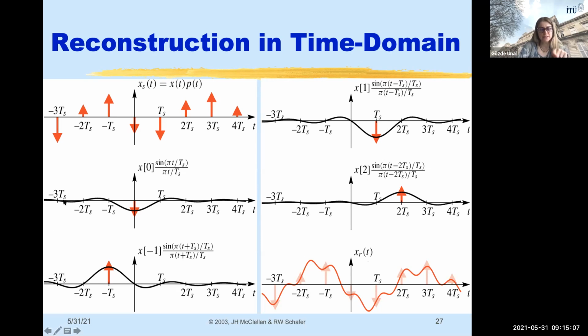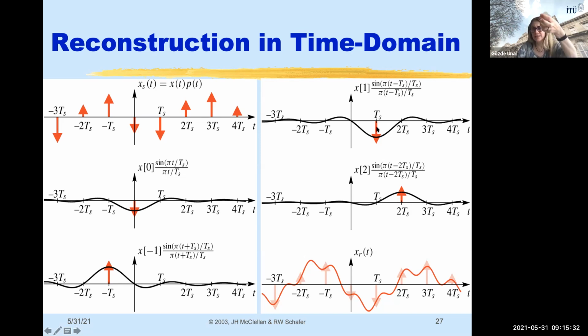Here, for instance, it's at t equals 0, the sinc interpolator not shifted. Here it's shifted to minus Ts. Here the sinc interpolator is shifted to plus Ts. And here it's shifted to plus 2Ts. Of course, this will be done however many times needed.